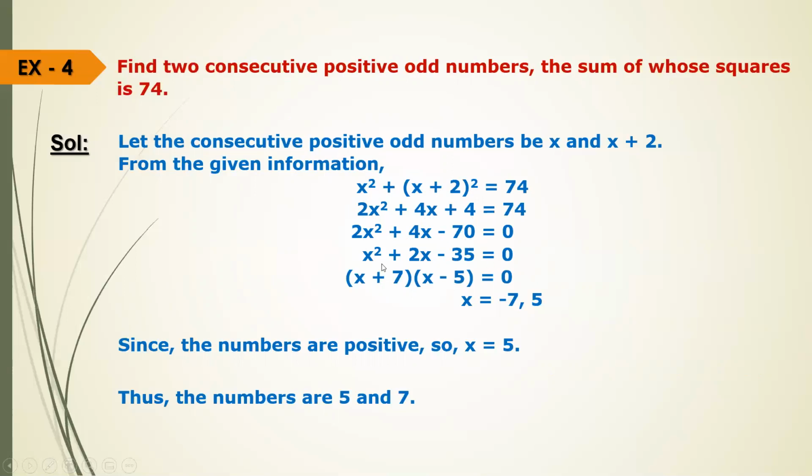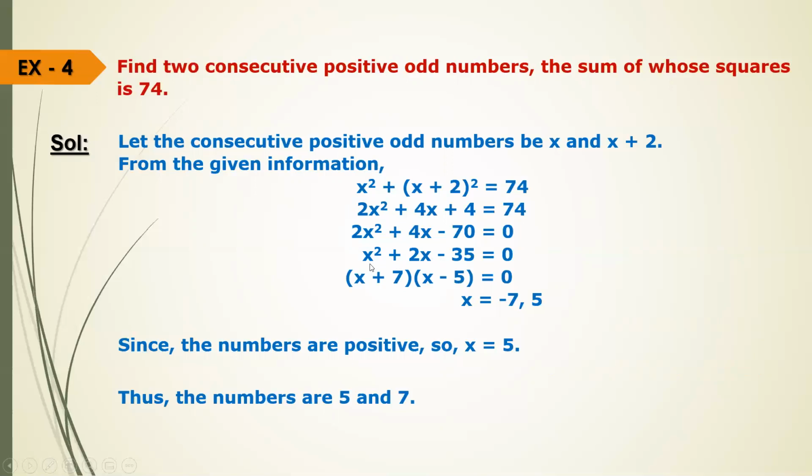Again solve it further by splitting the middle term. To get 35 and plus minus we should get 2. So 7 fives are 35. 7 will be with the plus sign and minus 5x will be with the minus sign.